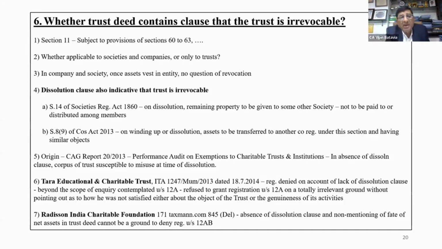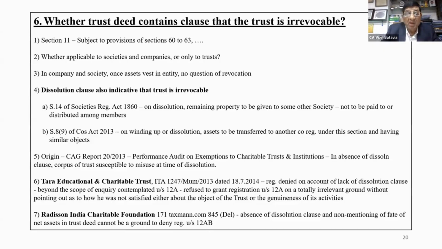This irrevocability clause is applicable only to trusts, not to societies and not to companies, because in the Companies Act there is a provision of dissolution. In a society also there is a provision for dissolution of the society, but so far as the trust is concerned, there is no provision for dissolution. At least in Maharashtra and Gujarat, you have to go to court to dissolve the trust.